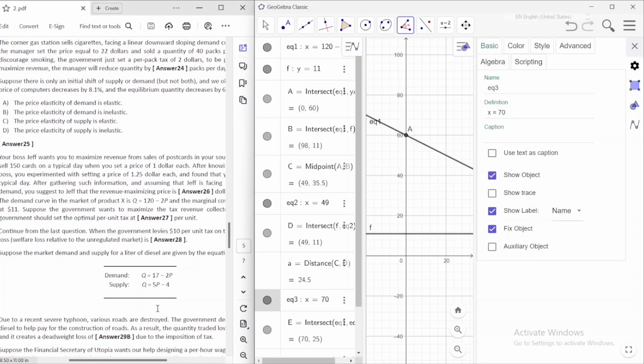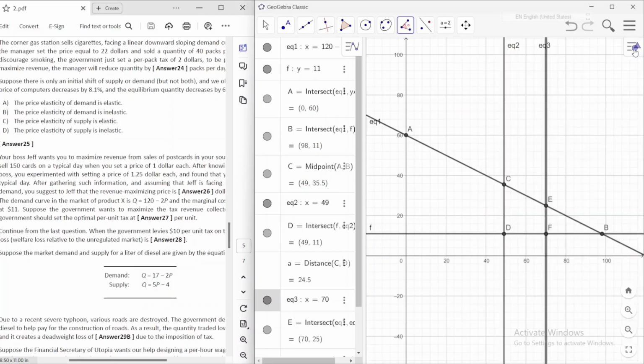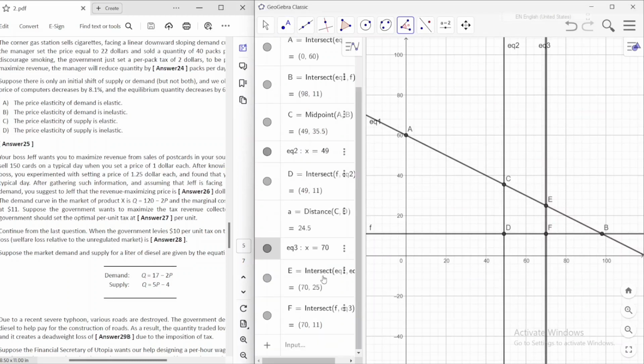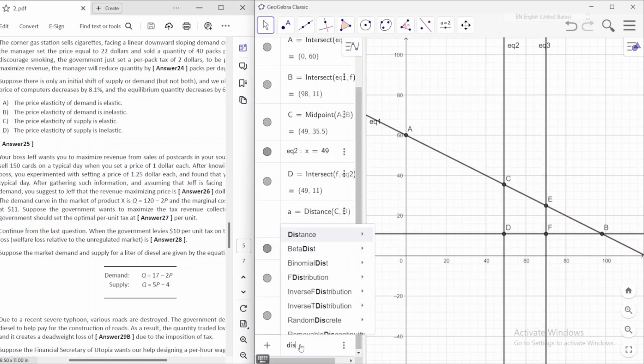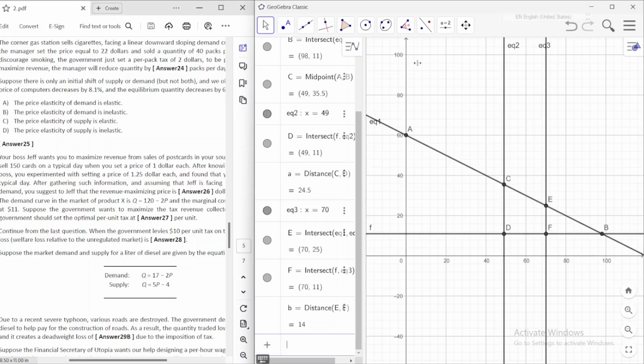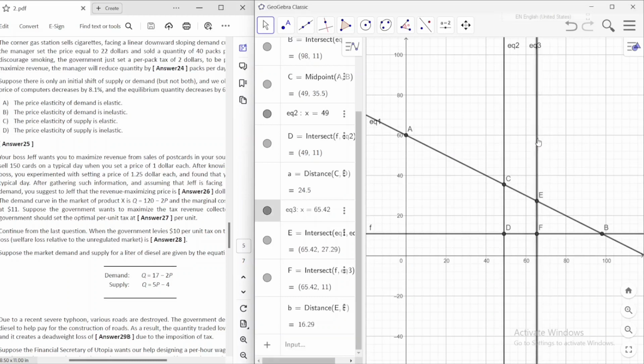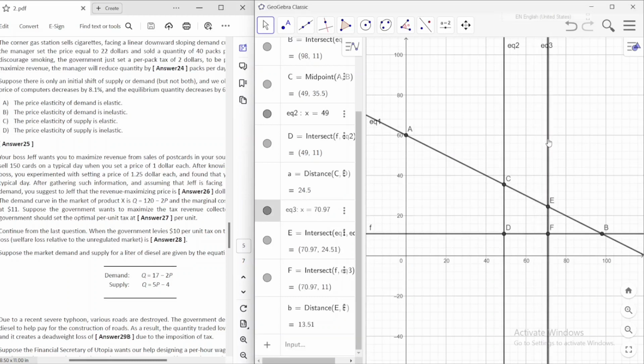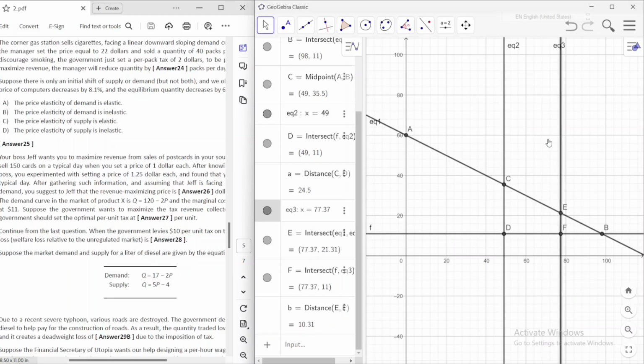Because in the question it is $10 per unit tax. Let's measure the length of EF, distance E comma F. This is 14 now, so you can move this line a little bit and make it 10.